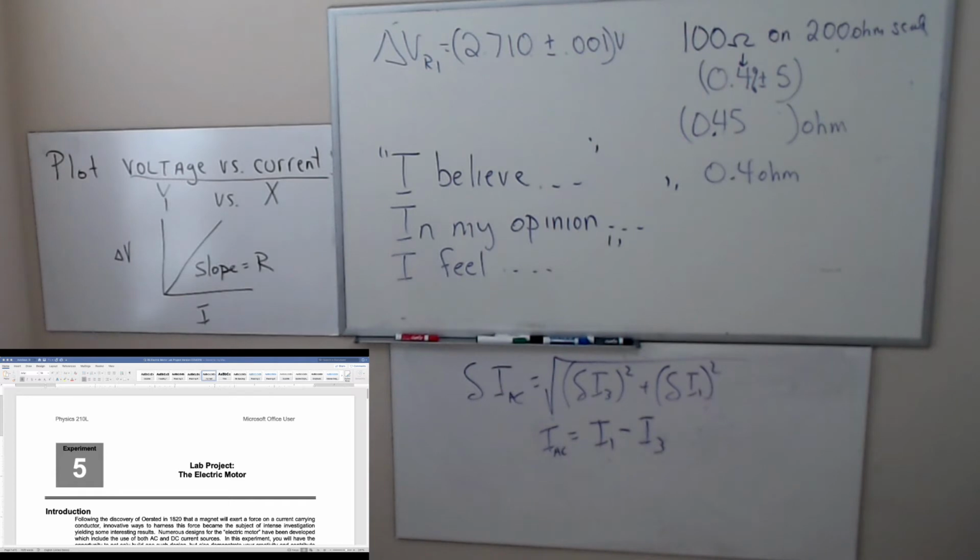Yes, you're doing the same as what you did in part 1. You're showing your work. You mean for I1 and I3? You get uncertainty in I1 and I3. You're going to calculate them separately, but you only show your work for one of them.